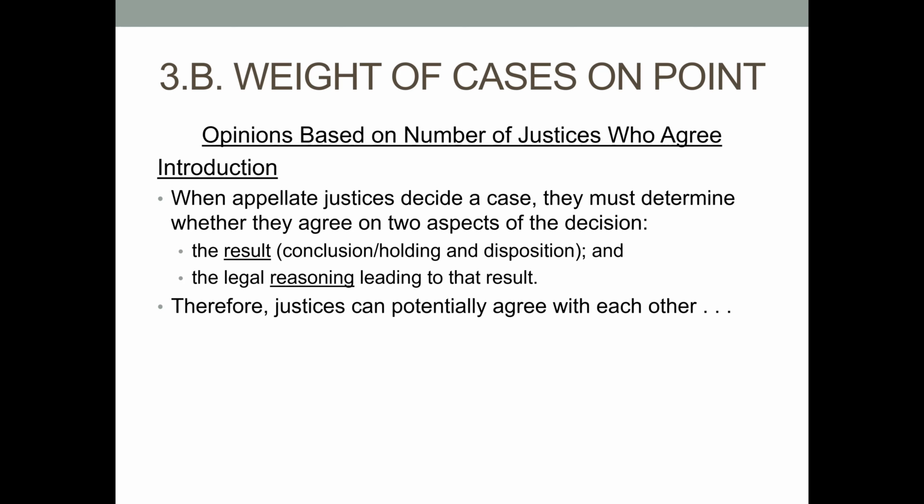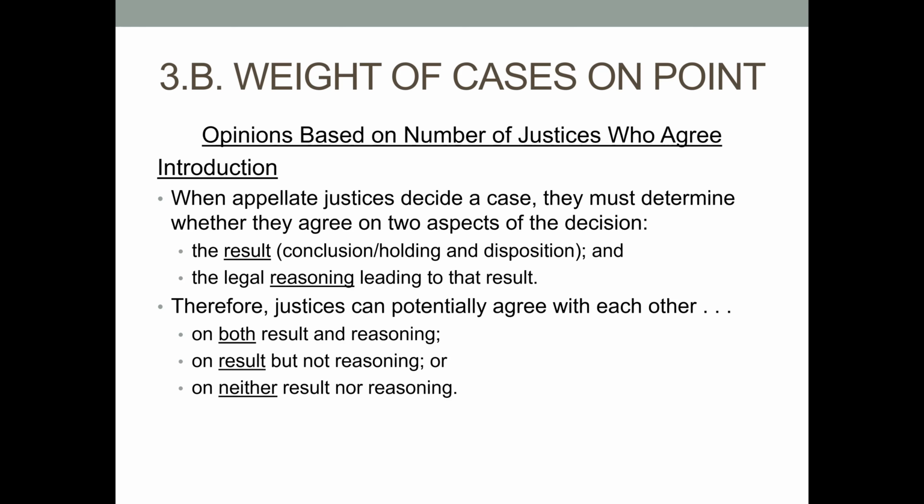So as a result, these justices can potentially agree with each other on both the result and the reasoning, on just the result but not the reasoning, or they can disagree on neither the result nor the reasoning, meaning they disagree with each other totally on everything.